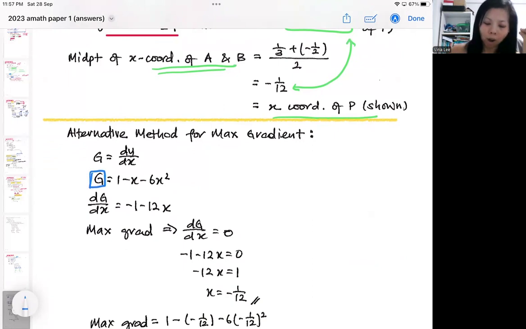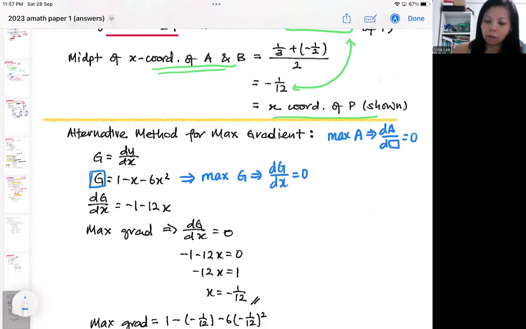So when I want maximum gradient, I will differentiate the gradient and set it to 0. It's like if I want maximum area, I will differentiate area and set it to 0. If I want maximum volume, it can be maximum or minimum, so I do dV/d-something equal to 0.